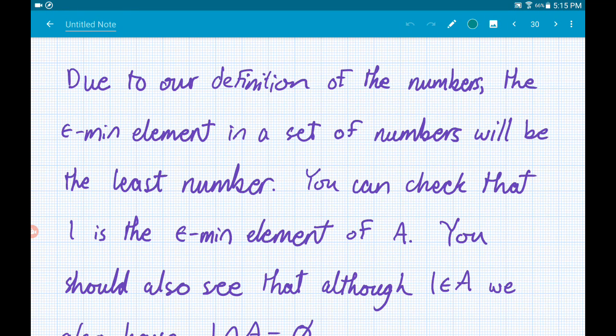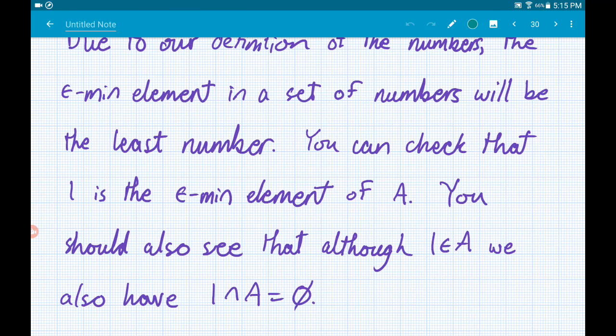However, I should mention that 1 is an in-min element of this set. And it's no coincidence that it's the smallest element if we use our intuitions about the numbers. In fact, that's exactly what this definition of in-min is supposed to represent when the set that we're dealing with is the natural numbers constructed in the way that we have.